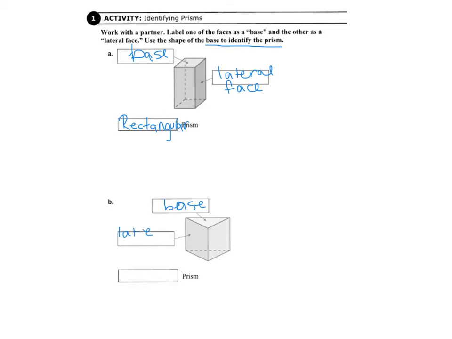So the top and the bottom are triangles, and the sides are rectangles. So the top and the bottom are the base, and that's what defines this as a triangular prism.